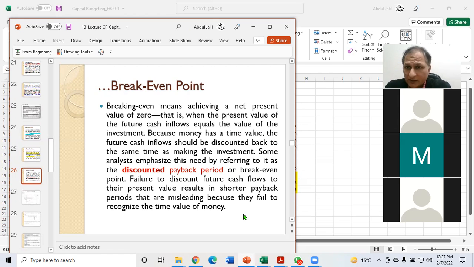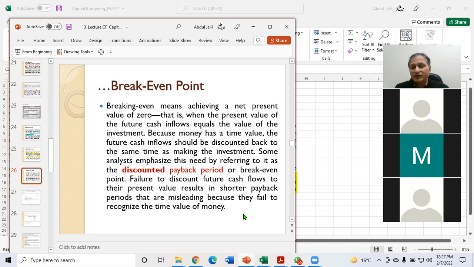Without discounting, you are getting 5 million in 5 years. But once you apply discounting, 1 million has its full worth in 1 year. The same 1 million available after 1 year, in the second year, has lower value. In the third year, 1 million has even lower value, and in the fourth year too.